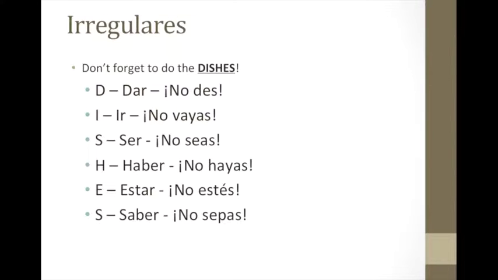Haber, which technically doesn't have a meaning here, but it'll come into play later on in the year, no haya. Estar, to be, so don't be, no estés, and notice how it has an accent. And saber, to know, so if you were going to say don't know as a command, no sepas. Another way to string these together is haya, vaya, sea, sepas, des, estés. It kind of makes a little rhyme that you probably heard in class. So, for example, no estés triste would mean don't be sad.